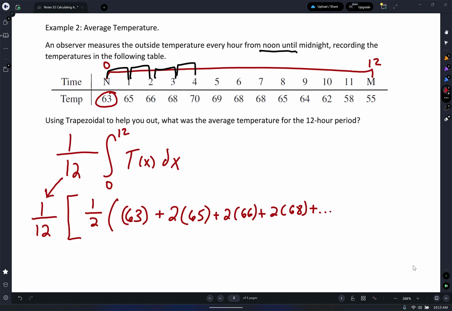That means continue the same pattern all the way. I'm going to continue it right here: 2 times 58 plus 55. Close this parenthesis, close the bracket. Someone do me a favor and figure out what's inside this bracket here.